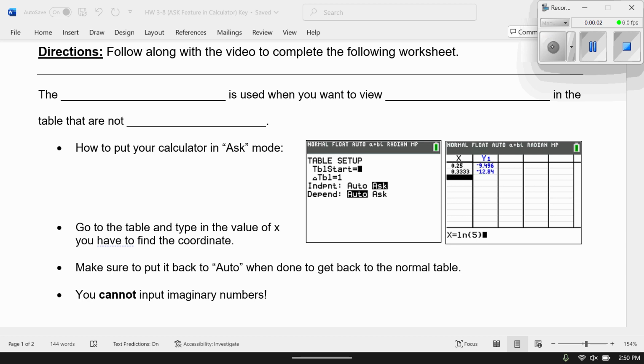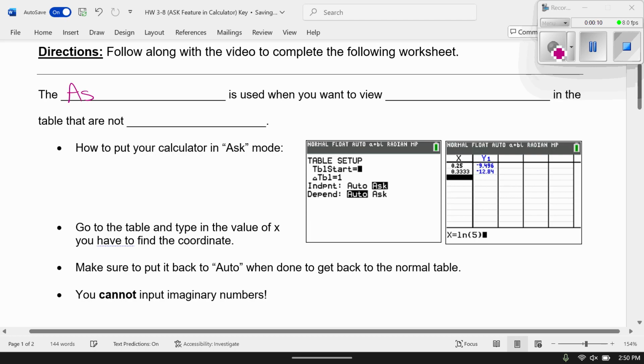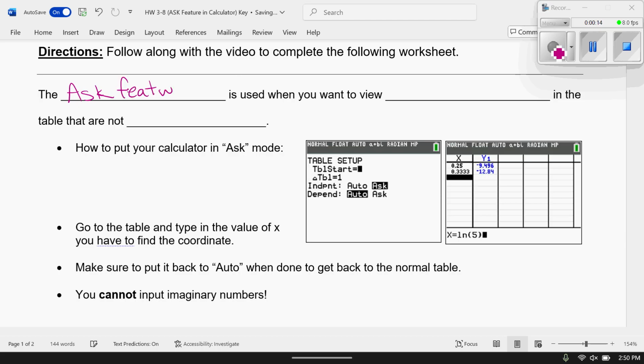Hi, this video is going to go over how to use the Ask feature in the calculator to help us out with multiple choice questions. The Ask feature is specifically used when you want to view values of x in the table that are not integers.